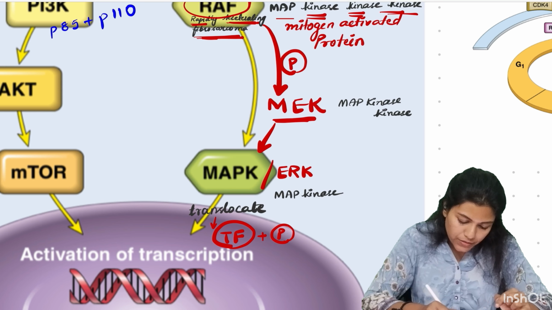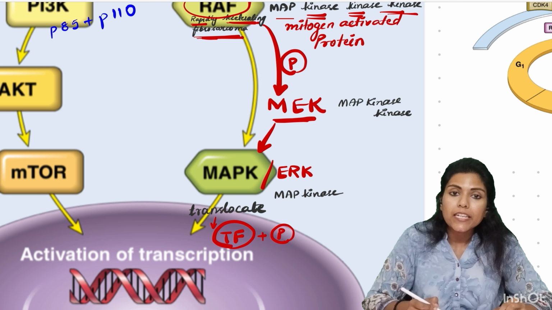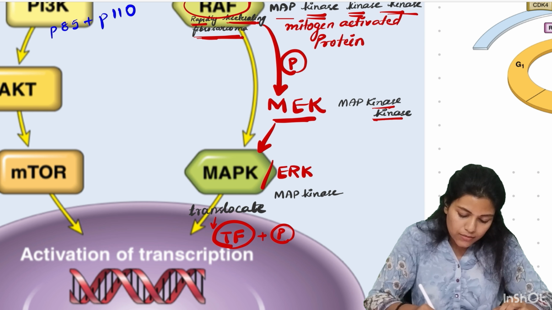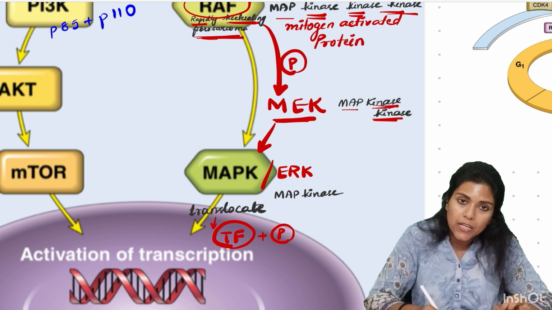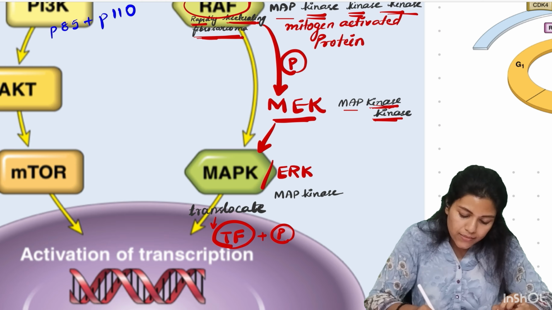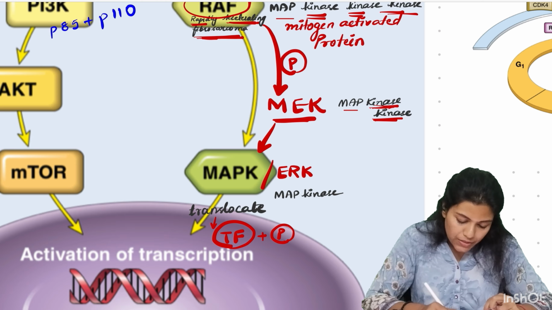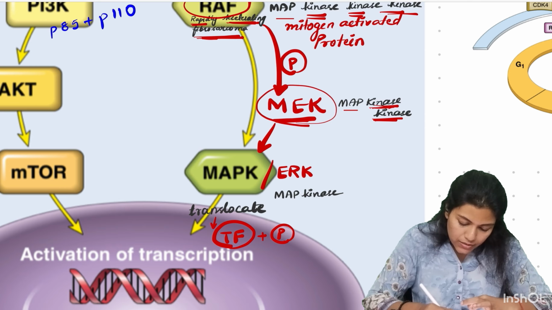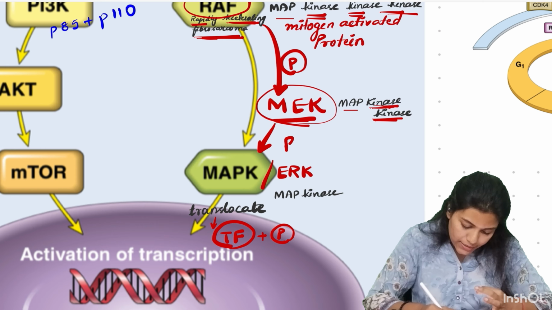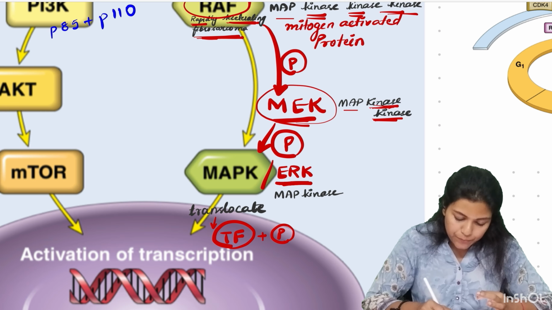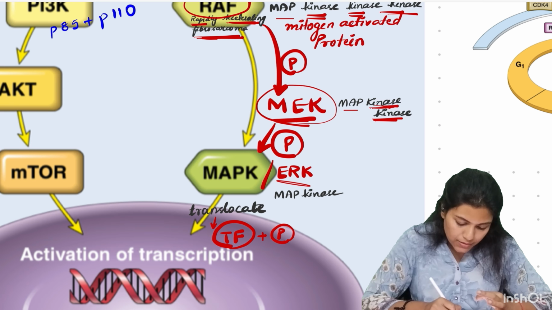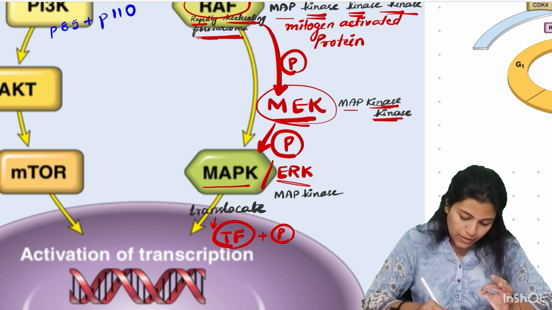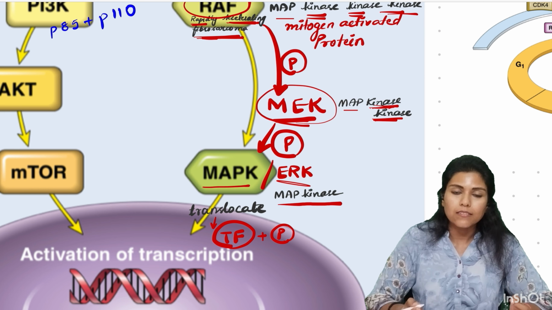MEK is a double kinase here. Again it is a mitogen activated protein kinase. This activated MEK will in turn phosphorylate and activate ERK. ERK, again, is a single kinase, mitogen activated protein kinase.